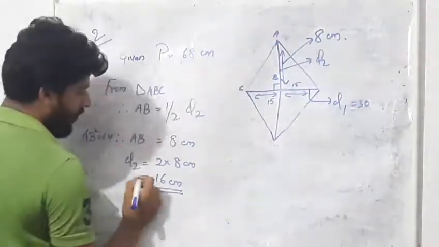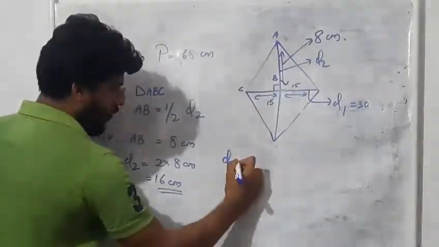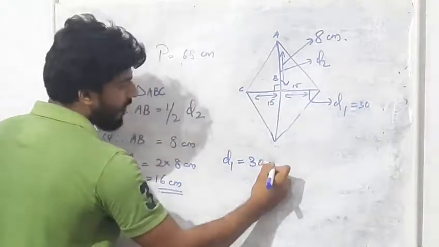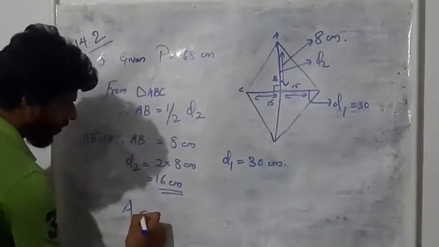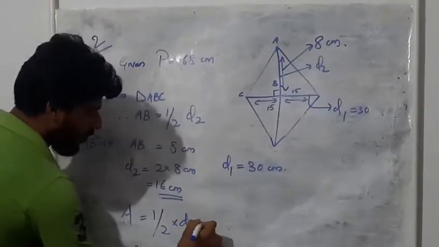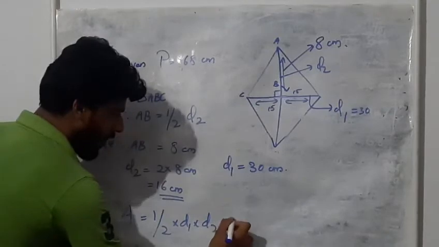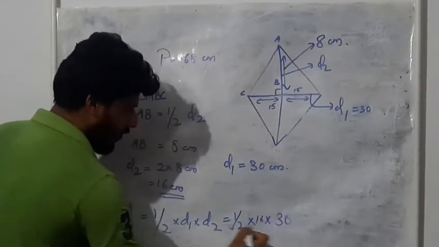Now this is our diagonal D2 of length 16 centimeter, and our diagonal D1 is of length 30 centimeter from the question. Now the real question is to find the area of the rhombus. Area is equal to half into D1 into D2, which means half into 16 into 30.